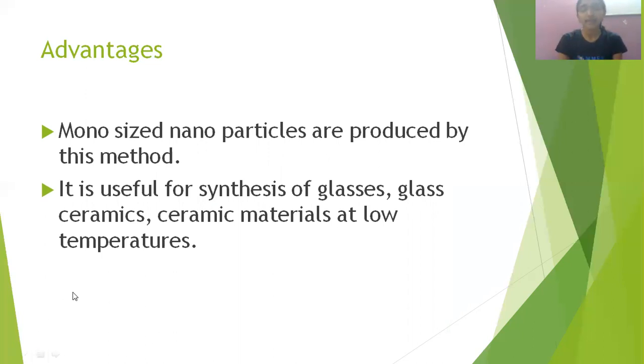Remember this point, the main advantage of the sol-gel process is we are going to manufacture the nanoparticles at low temperatures. What was the sol-gel method? To synthesize a solid from a gel at a low temperature. So you can synthesize all these kinds of glasses and glass ceramics at low temperature.